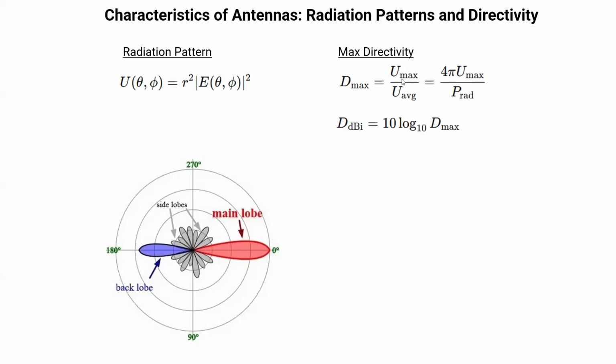1 for isotropic, 1.5 for small dipole, something like 1.6, 1.7 for a longer dipole antenna, something like from 10 to 100 for Yagi-Uda antenna, and this value can reach thousands for high large aperture antennas like this dish type antenna.